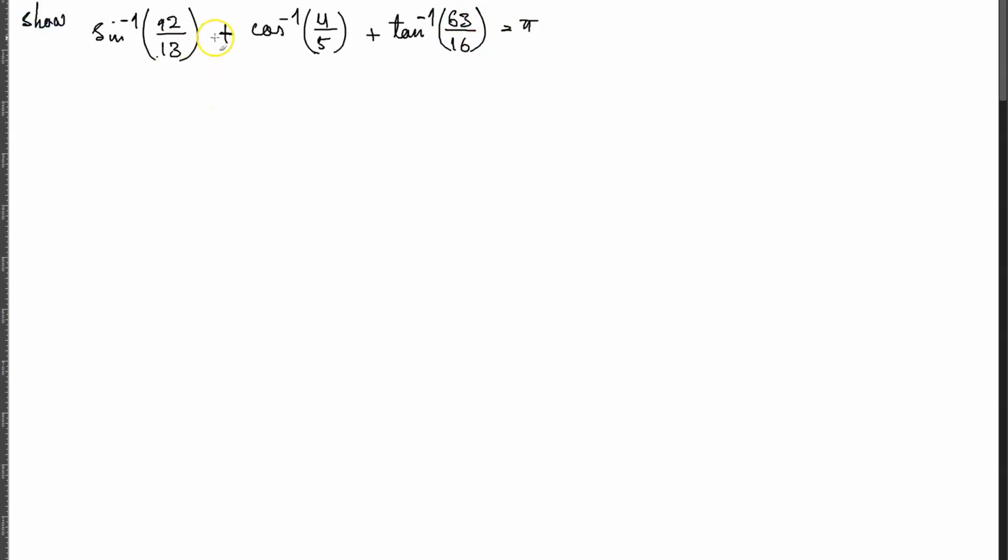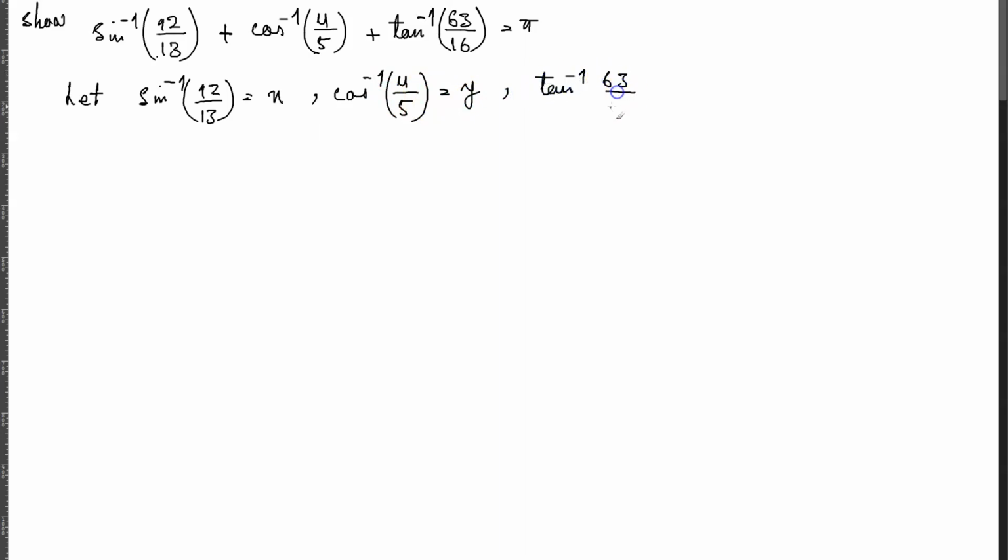Now you can say, let, for example, the sine inverse of 12/13 be equal to x, and the cos inverse of 4/5 be equal to y, and the tan inverse of 63/16 is equal to, for example, z.